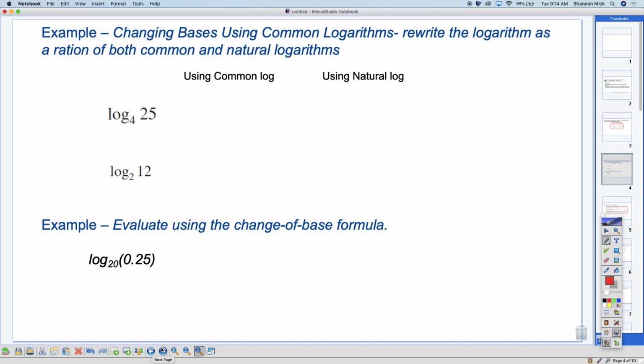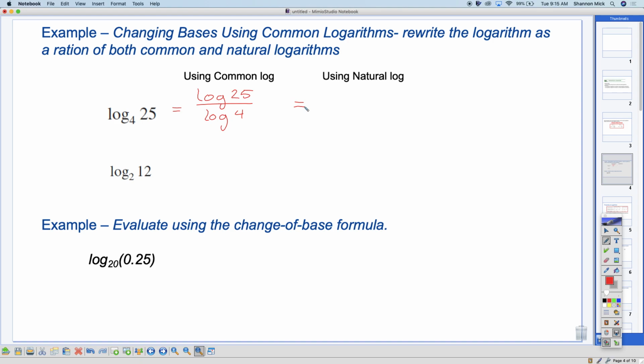Okay, so use the change of base formula. So common would be base what? 10. Okay, so I have log base 4 of 25 would be log of 25 over log of 4. Which is also equal to the natural log, which is base what?